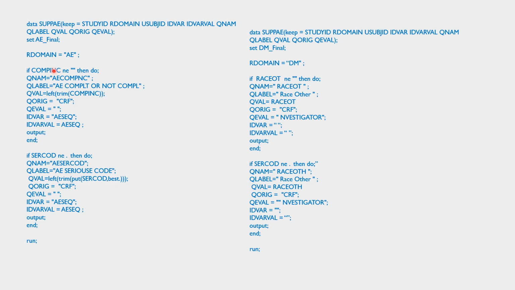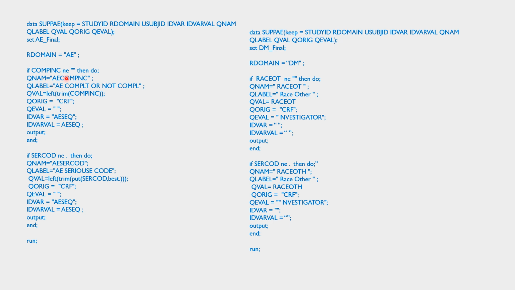For RDOMAIN, we need to capture AE. Here, one of the variables is not suitable in the main domain: that variable is AECOMPC. For that, the code is: if the component variable is not equal to missing, then do.